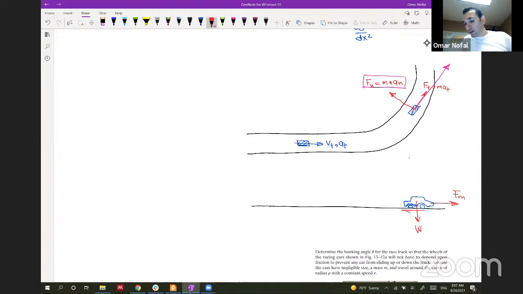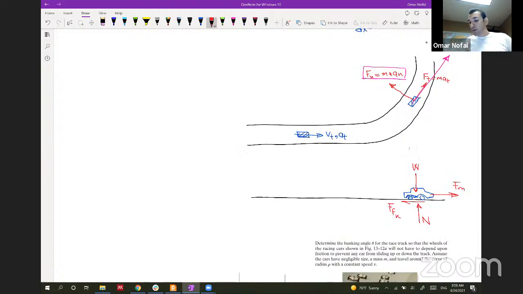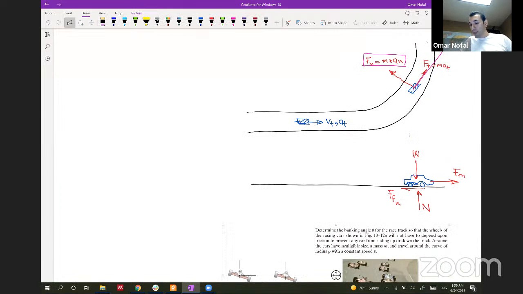Then the friction, and this is a dynamic friction, we can call it a kinetic one. Here you have your weight, and when you have the weight like this, you will have a normal force from the surface on your car. So this is how the setting of the forces on your car looks.